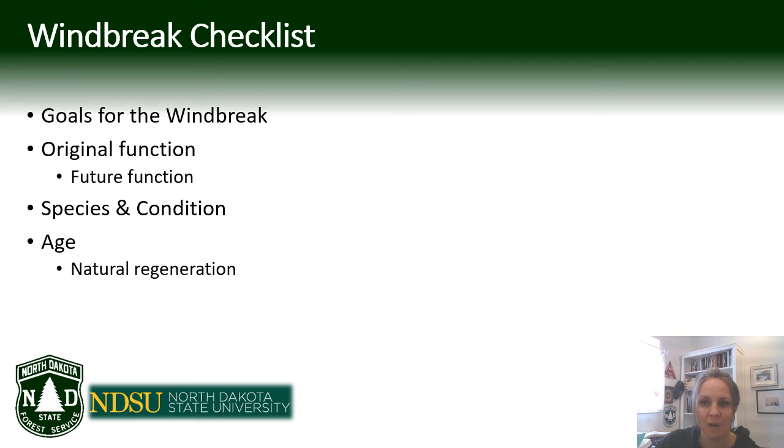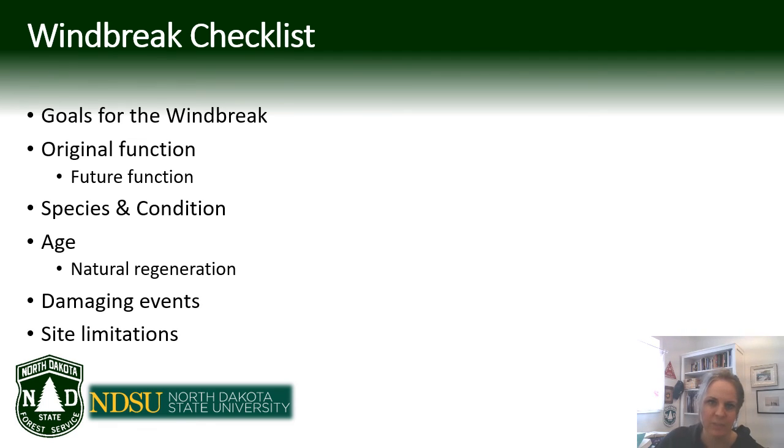What species are regenerating? Damaging events. Has the windbreak been subject to an extreme event, such as flood, fire, or high wind? Is there evidence that cattle or other livestock have been in the windbreak? What are some site limitations? What are the characteristics of the site that might limit windbreak potential?